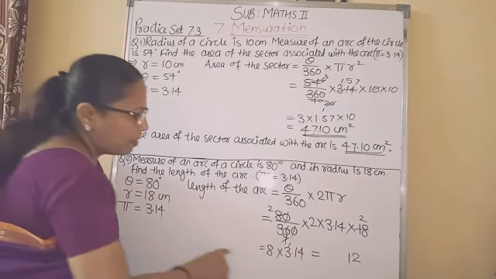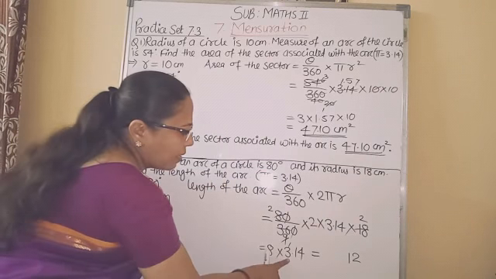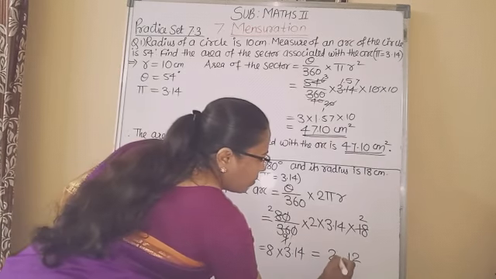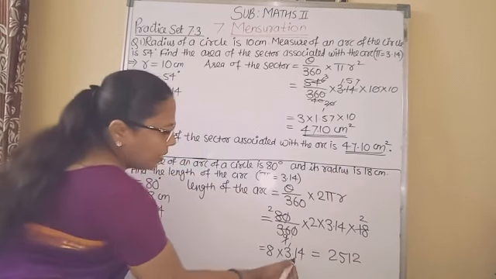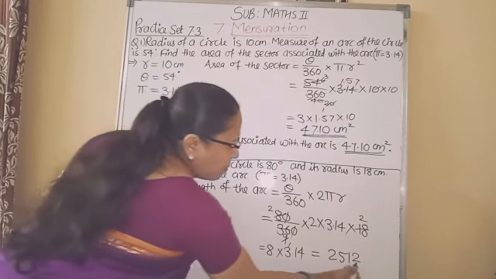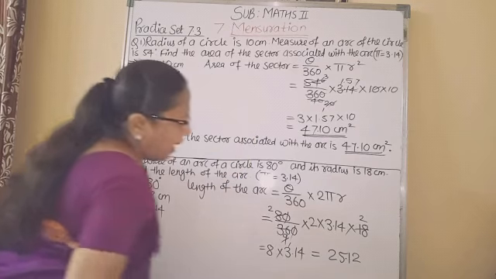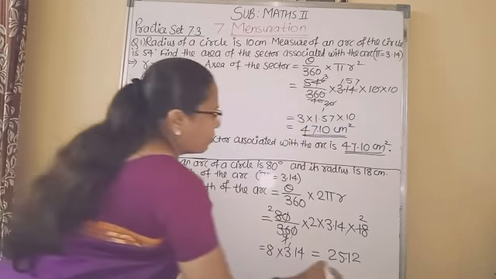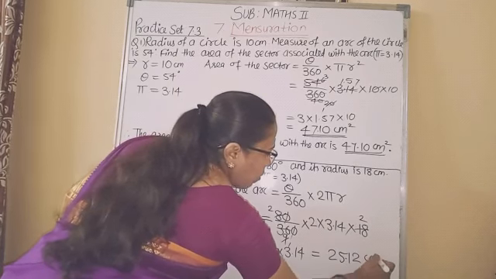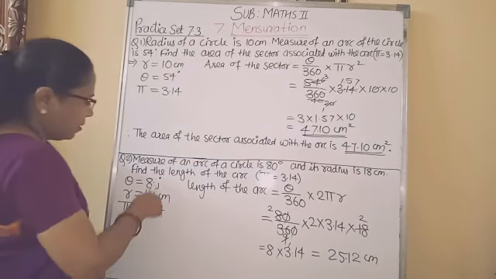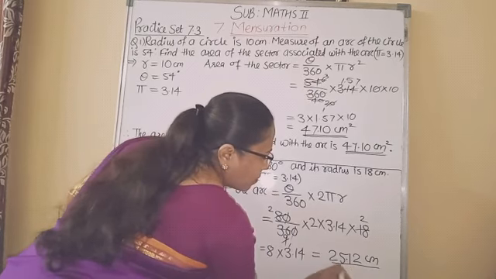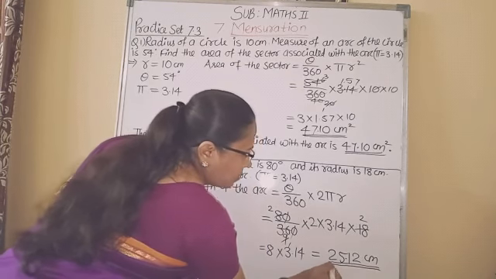Carry 1. 8 3s are 24. 24 plus 1, 25. Give decimal point after leaving 2 digits. And here we calculated the length of the arc, and length is having unit centimeter or meter. So here in question centimeter is given. So write the unit centimeter. Okay, so this is the answer.